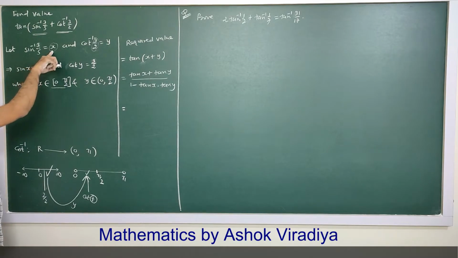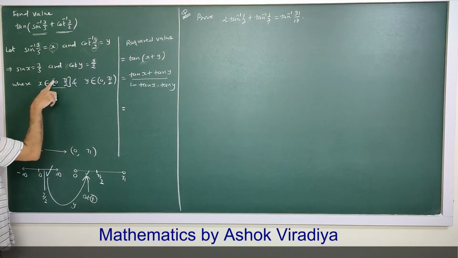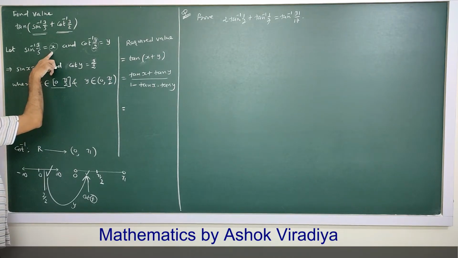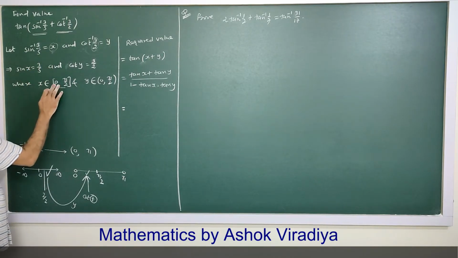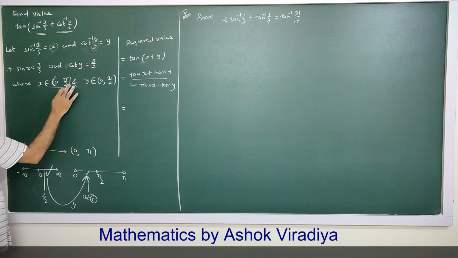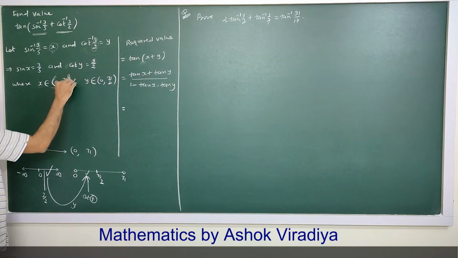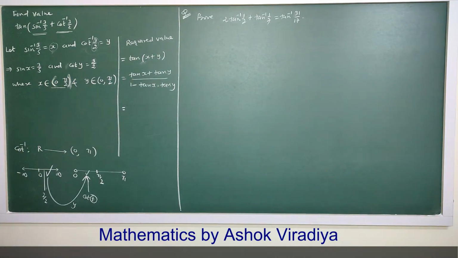Here this value is neither 0 nor 1, so x will not be 0 and will not be π by 2. So here also we can put an open interval. Sine inverse 1 is π by 2, but 1 is not given, so x is not π by 2.